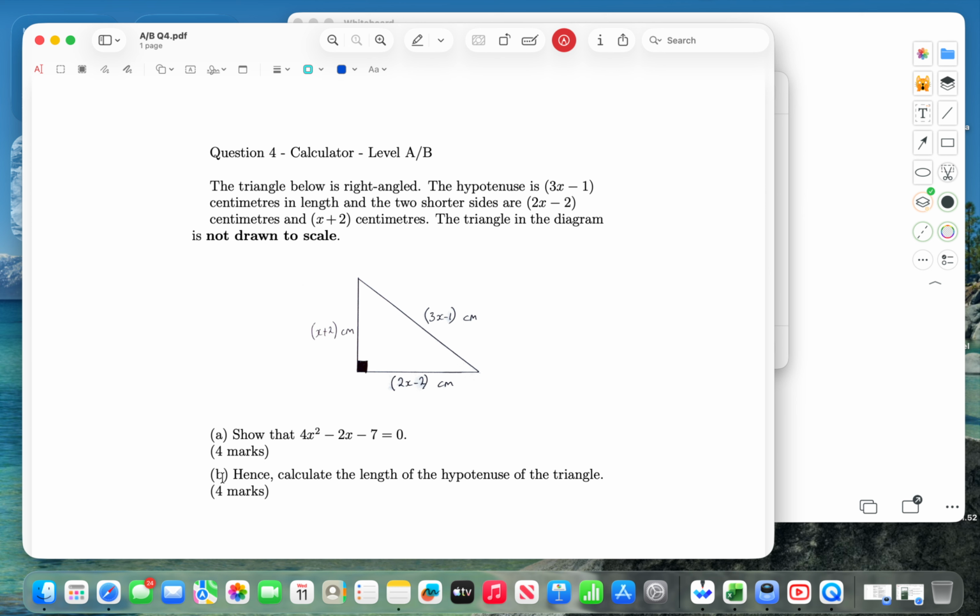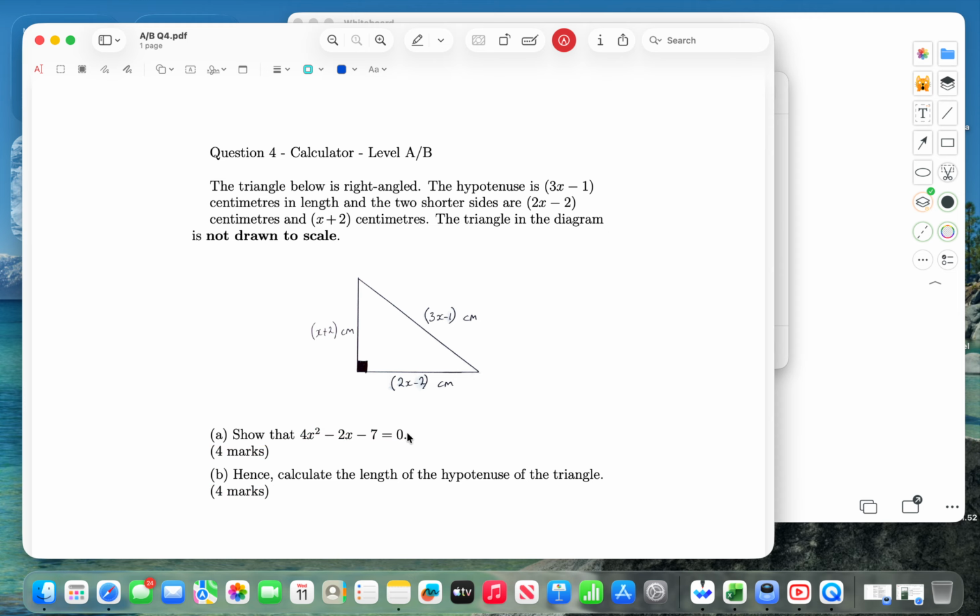We then have to find the length of the hypotenuse, and the word hence means that we have to use the answer to part A, or make use of the result of part A. So we can't just invent another method, we have to use the solution to part A. So we want to use this equation.